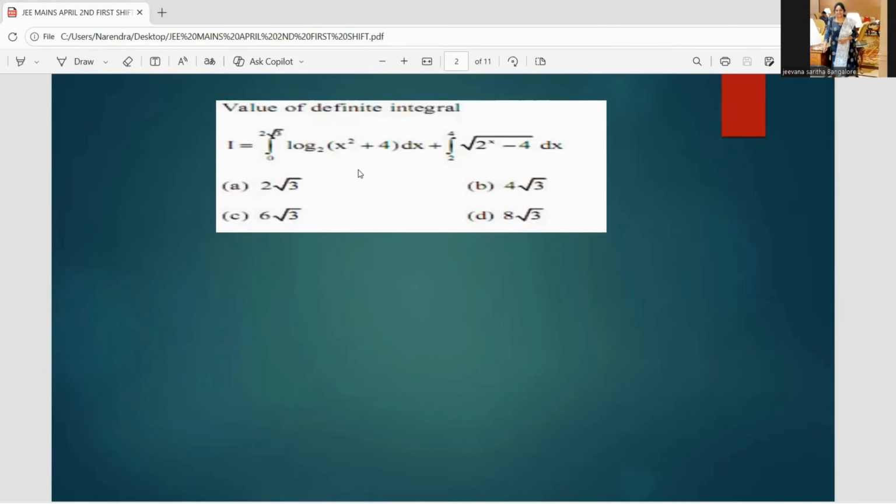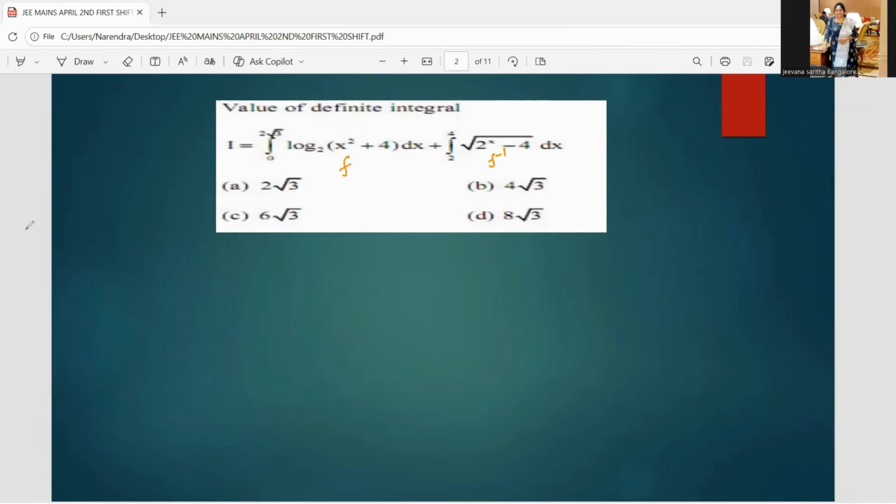If you look at this integration problem, log of x square plus 4 to base 2 is the inverse of square root of 2x minus 4. So if this is f, this is going to be f inverse.